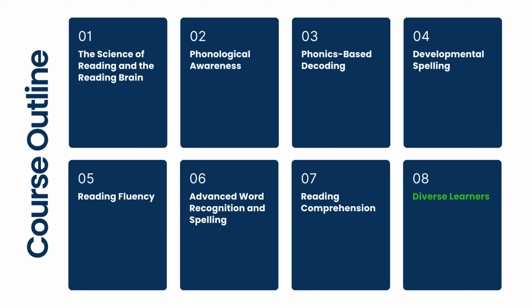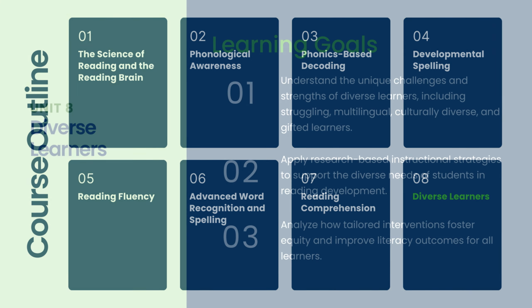In this video, as a part of Unit 8, we will be exploring essential elements of diverse learners. Each of these elements will help deepen your understanding of effective diverse learner instruction and how to apply this knowledge within your own classroom.